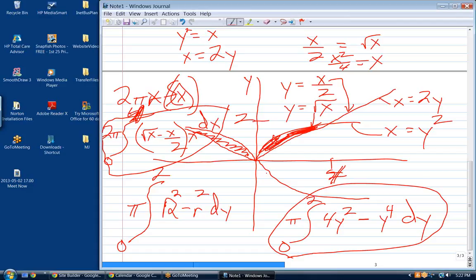Now, one of the things that's interesting about doing cylindrical shells is you only integrate from 0 to 4. You don't integrate from minus 4 to 4, which can be a little puzzling at first. Right.